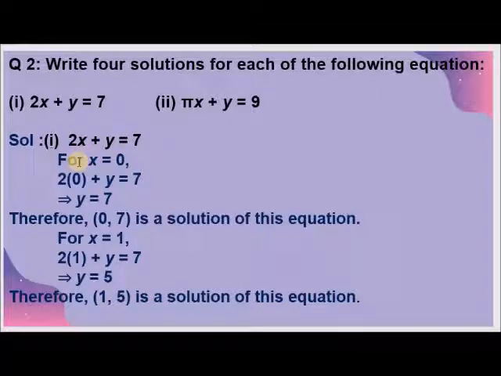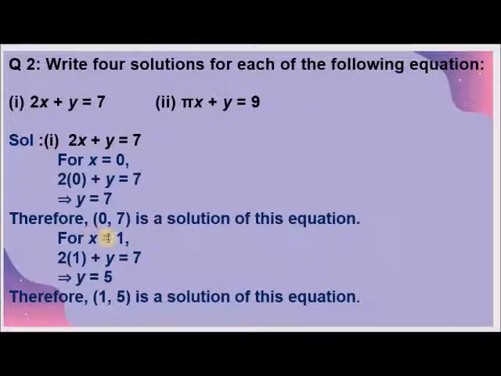So here we are putting x equal to 0 in the equation, then 2 multiplied by 0 plus y is equal to 7. So 2 multiplied by 0 is 0. So y is equal to 7. Hence (0, 7) is the solution of this equation. This is the first solution.